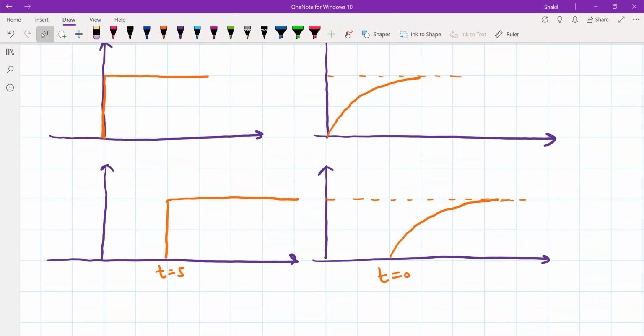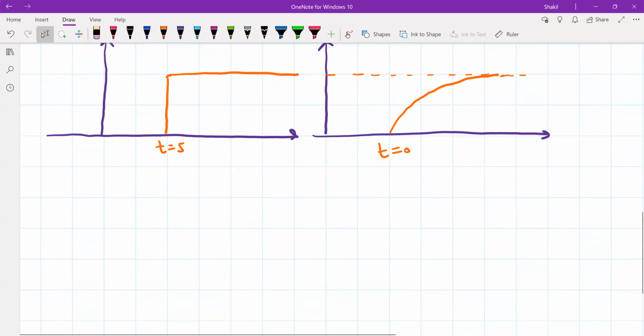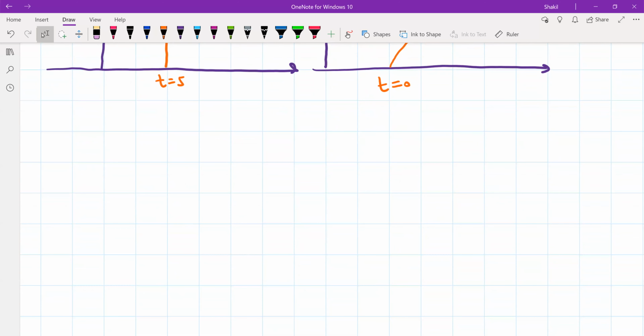It is doing the same charging operation no matter when you apply the input. So this is how we define a time invariant or shift invariant system.